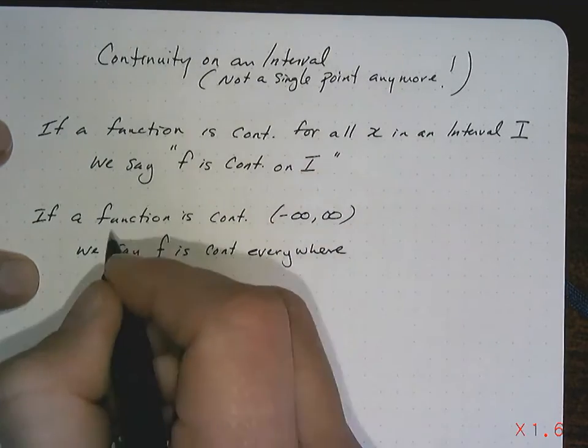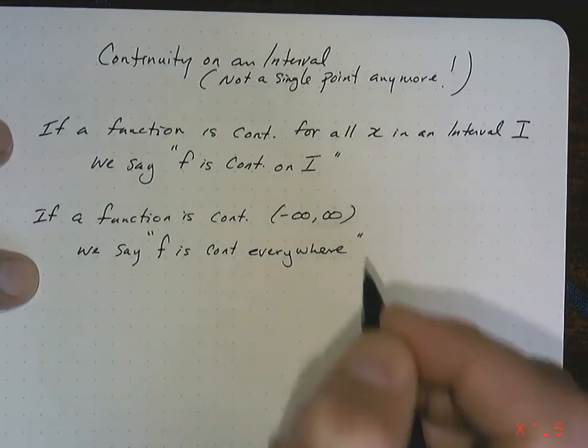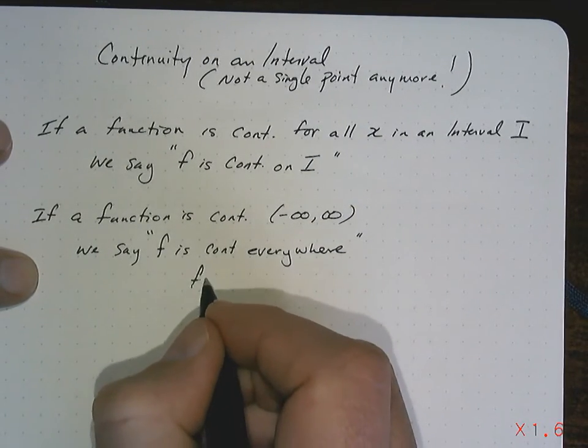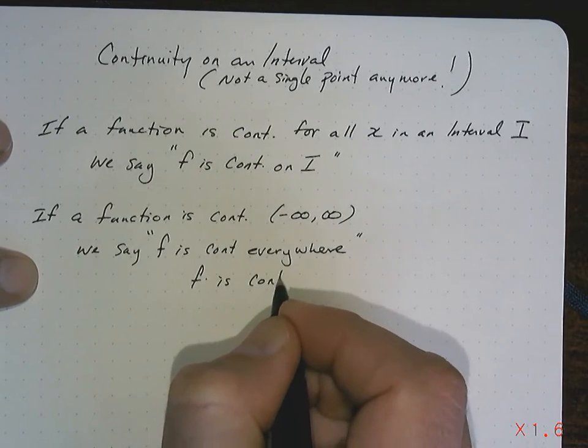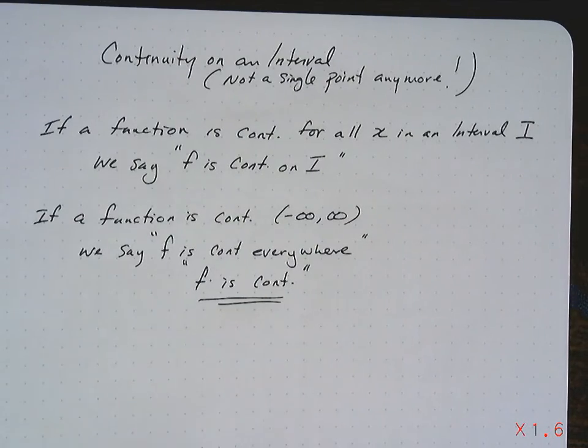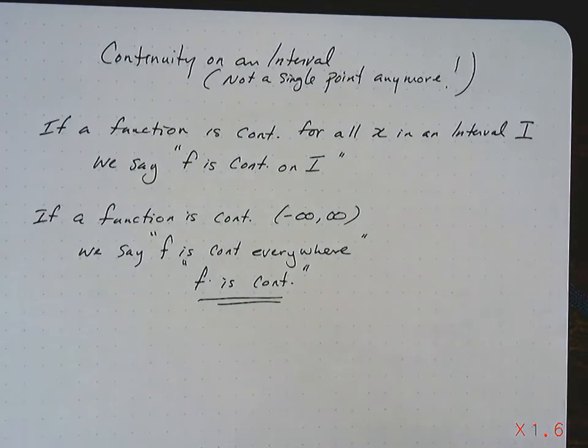And if you haven't noticed, mathematicians are really lazy. We even shorten this down. We say f is continuous. We don't even put in the everywhere. So if anyone ever tells you, hey, I'm a function and I'm continuous, that's a pretty important statement. That means he's continuous everywhere. Okay? So that's pretty neat.